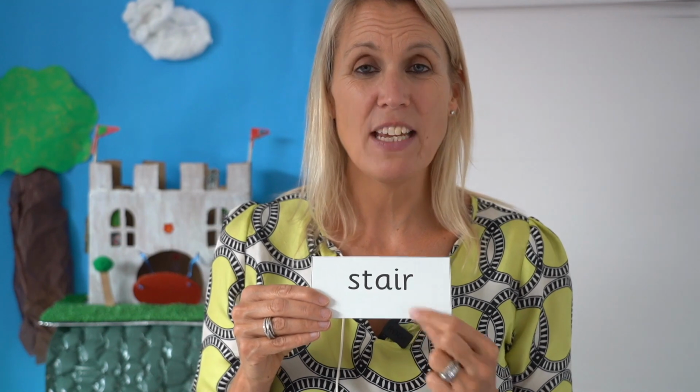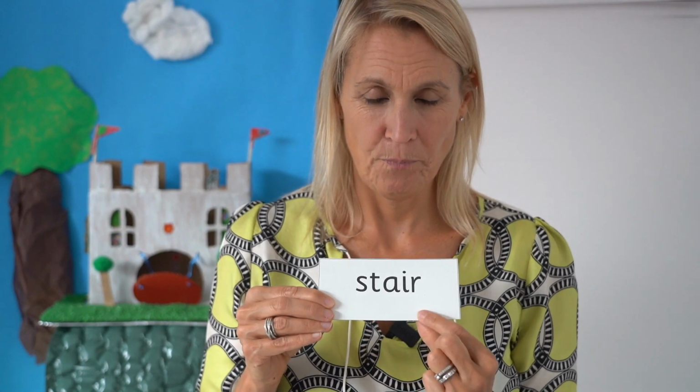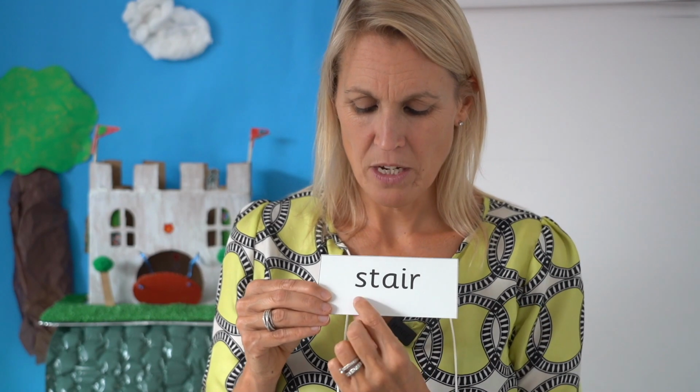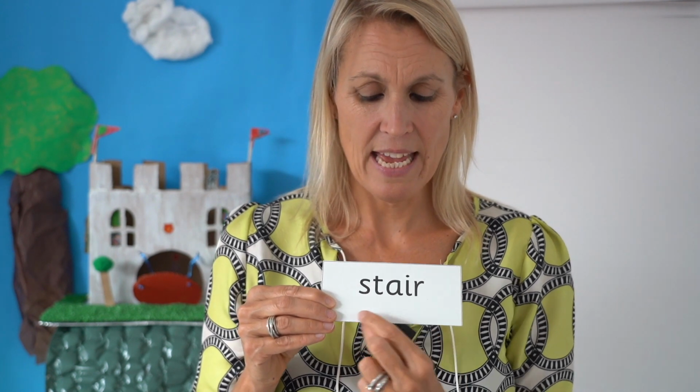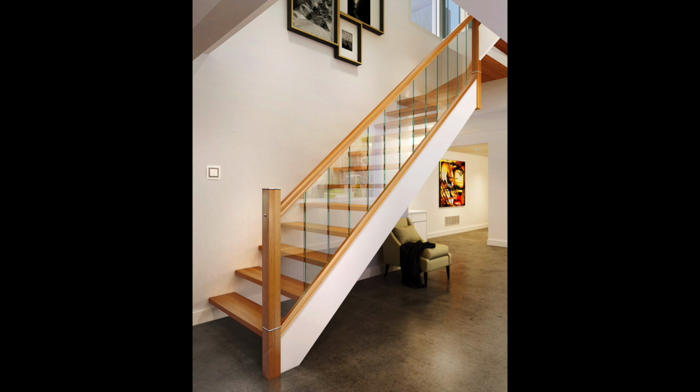The trigraph is air. Read each sound, then blend. Point to the picture that matches this word. Read it with me. Air, stair. Here is the picture of the stairs. Did you get it right?